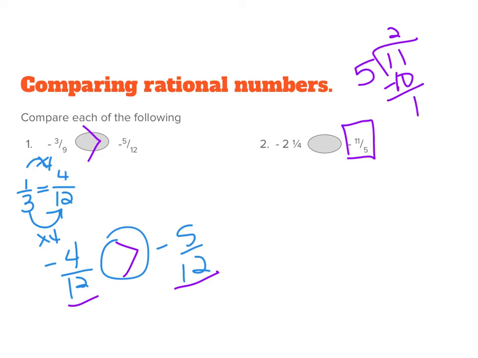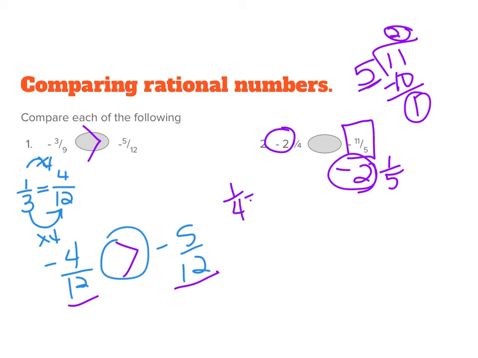So my answer here is 2 as a whole number. 1 is my numerator, which is my remainder, and the denominator stays the same. So what you're going to do, you're going to go ahead and now compare them. Now again, they're both 2, so I don't have to worry about the 2, but I do have to worry about the 1/4. Now I know that 1/4 is equal to 0.25. So remember that's negative.